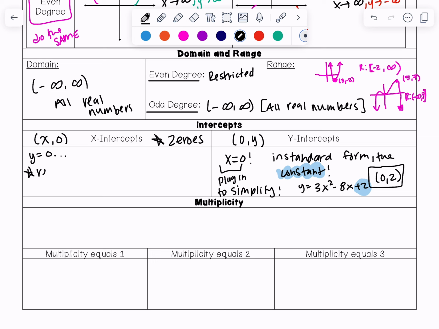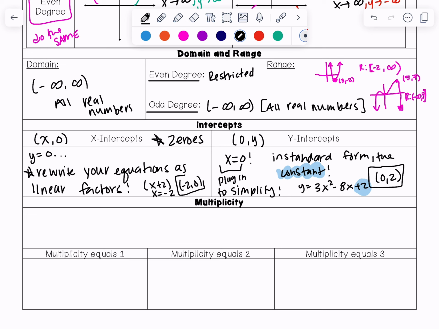So we find this by rewriting your equation in its linear factors. And then we solve each of those out to find out where we're actually going. So say that I had x plus 2, then I would have x equals -2 as a 0. So -2, 0 would be my example there.